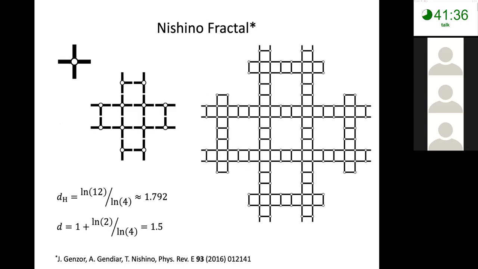Let me now show you this fractal lattice. I call it the Nishino fractal because the first time I saw it was from Tomotoshi Nishino during a visit to Japan in 2015. Later we made some calculations for our study of phase transitions on this fractal.